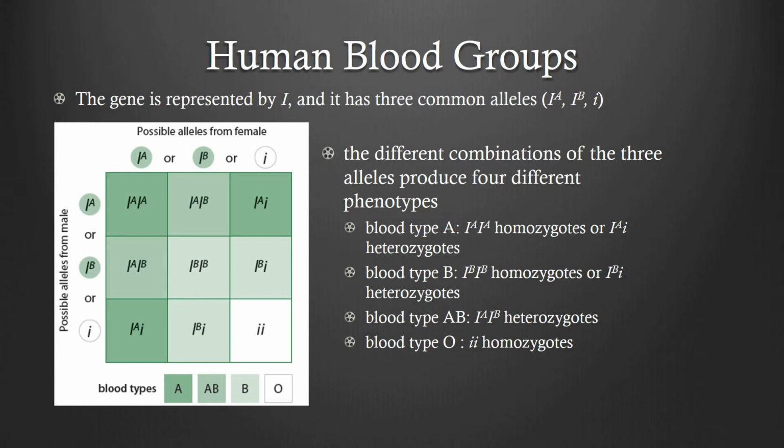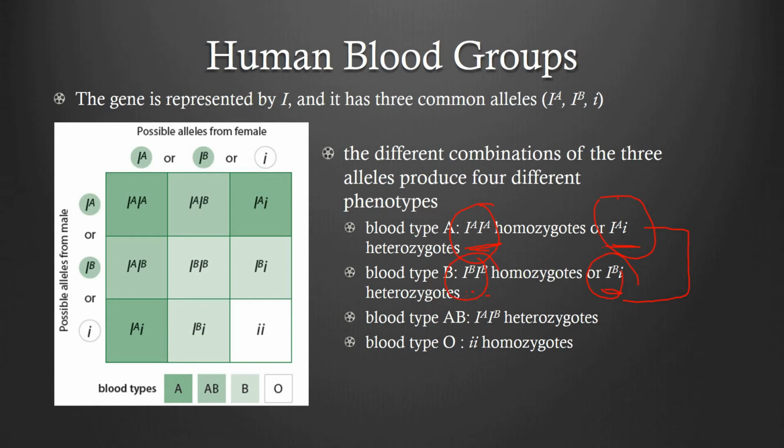You have blood type A, which is two dominant alleles for A, and blood type B is two dominant alleles for type B. Now they also have their heterozygous variations, which is our A allele with a recessive, or a B allele with a recessive. Both IAIA and IAi can give you type A blood, and both IBIB and IBi can give you type B blood.